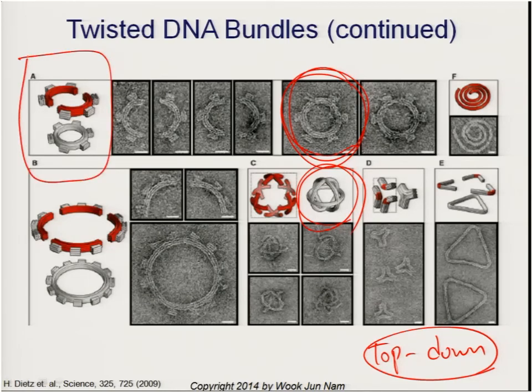So these approaches using DNA origami are all bottom-up approaches. And using this way, we can make small three-dimensional structures with nanoscale precision.